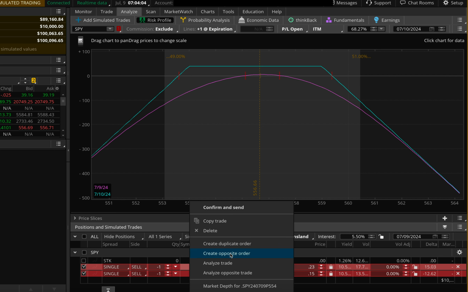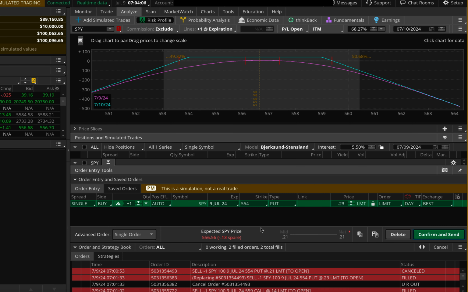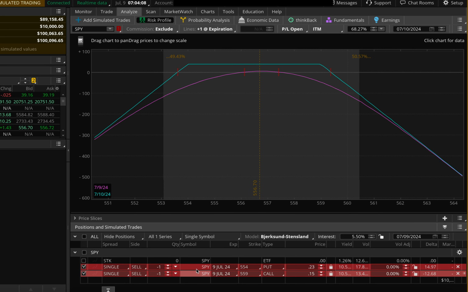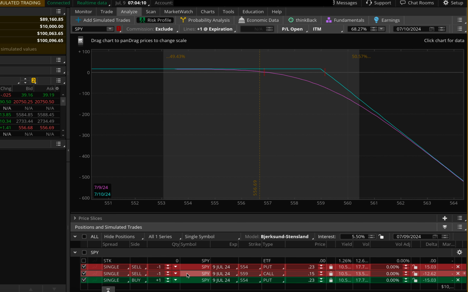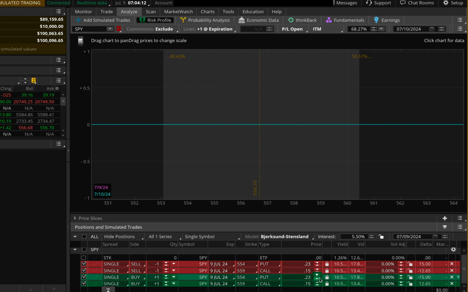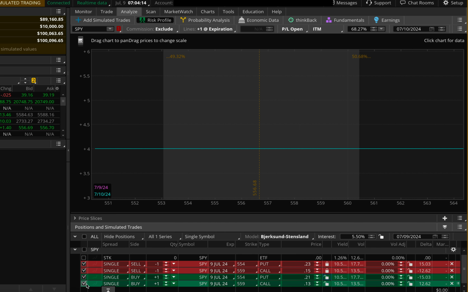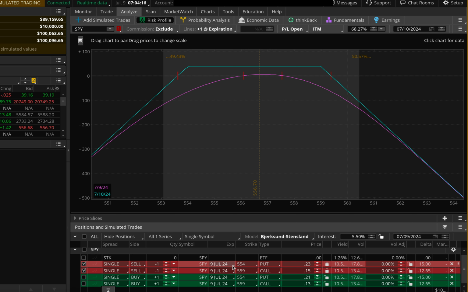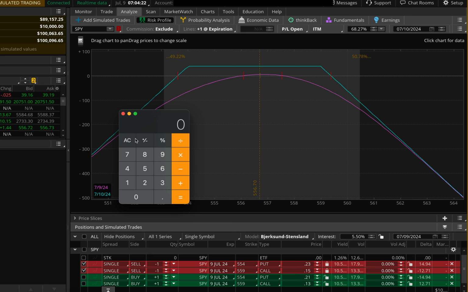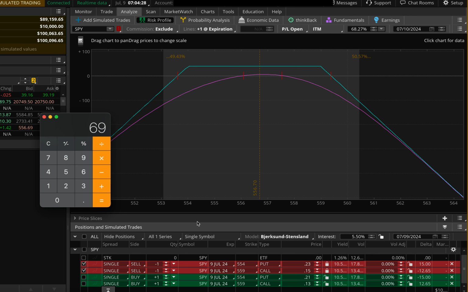I'm going to say create opposite order. This is the put. What am I doing? Let's say analyze opposite order. So we want to go 3 times. So 554 put, we sold at 23. So 23 times 3, 69.